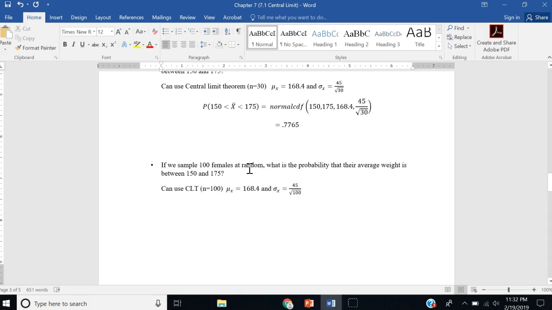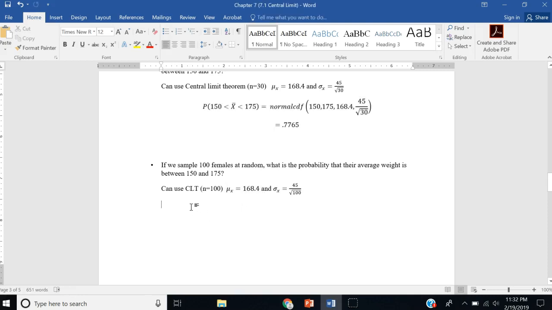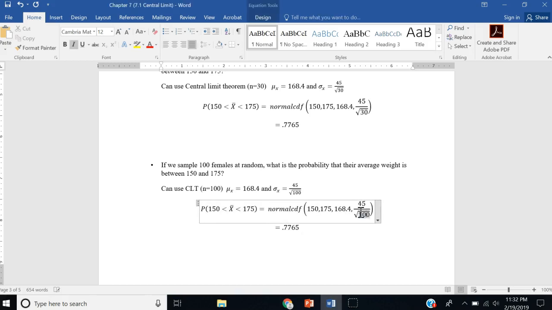There's not a whole lot of change here, other than, again, I'm asking the same question: what's the probability that we get a sample average between 150 and 175? We'd say normal CDF, the lower bound is 150, the upper bound is 175, the average is 168.4, and the standard deviation is now 45 divided by the square root of 100.